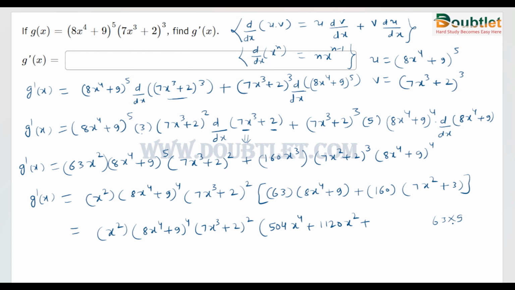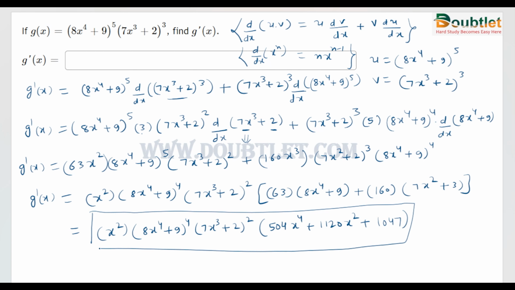So 63 multiplied by 9 plus 160 into 3, that is 480. So this is the answer. So if we write this complete algebra in proper format, this will be the differentiation of g(x).